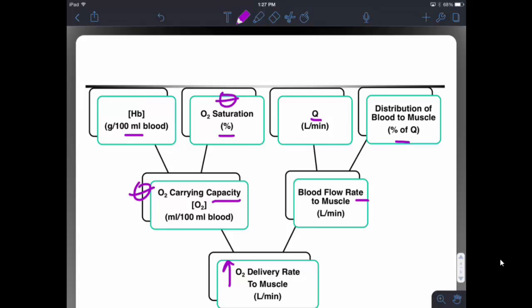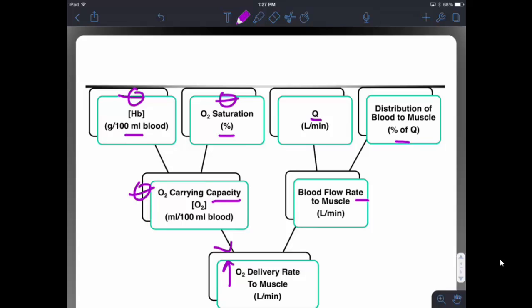So for the purpose of this concept map, we are going to discount the fact that there could be increases in hemoglobin, because if there are, they're relatively small, not a significant contributor to the increase in delivery rate with training.